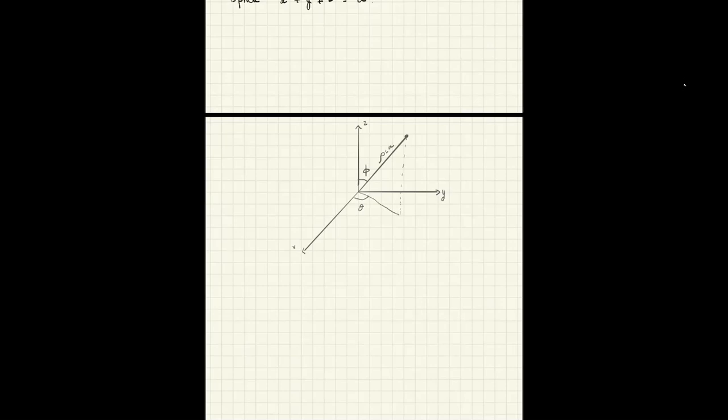Remember, rho was not fixed when we were doing triple integrals, because sometimes you have to cover the solid. But now we are on the surface, so it stays the same.